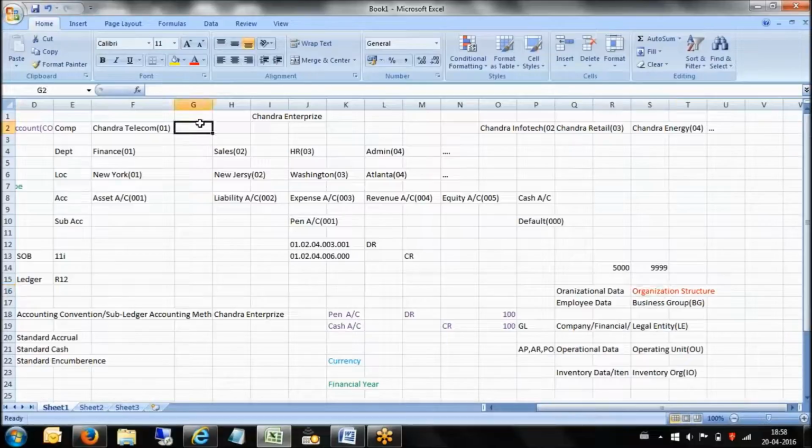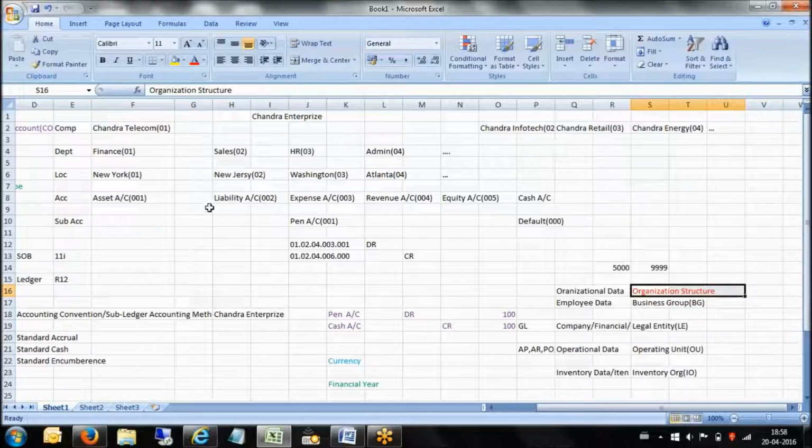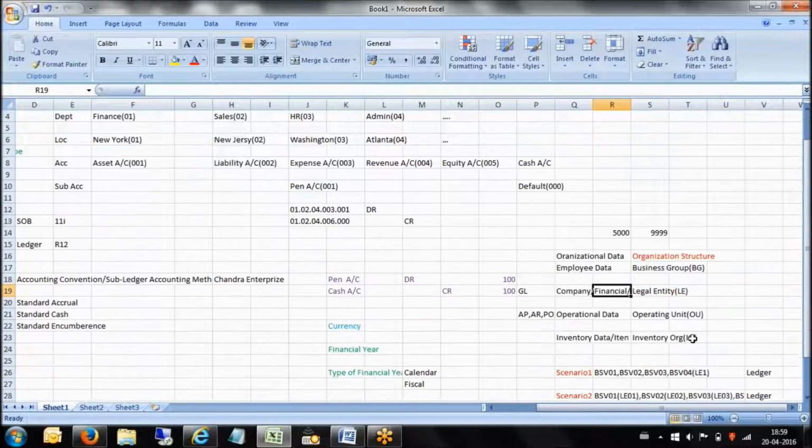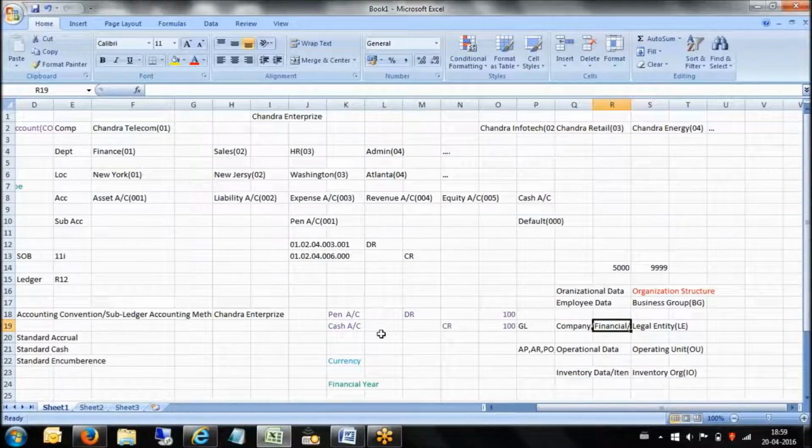This is only transactional data, and this is organizational data, including transactional data also at this level. Right. Because you got operational OU and inventory. So this is all about organization structure.